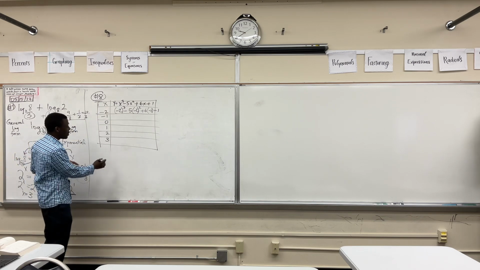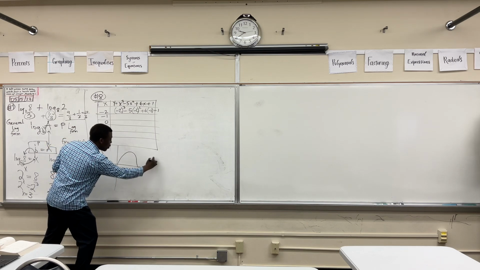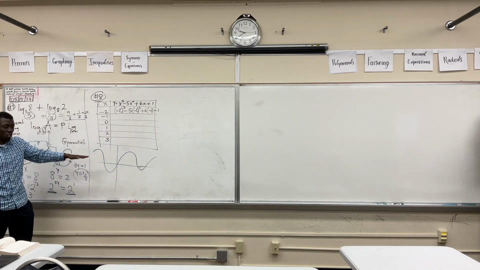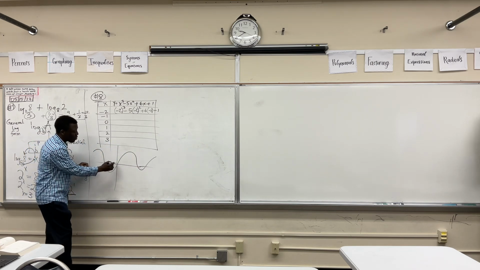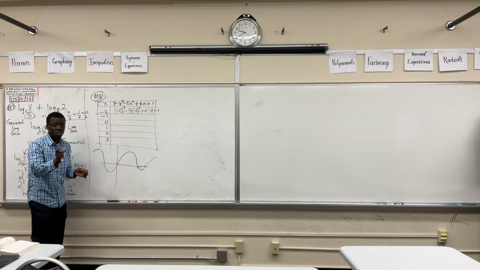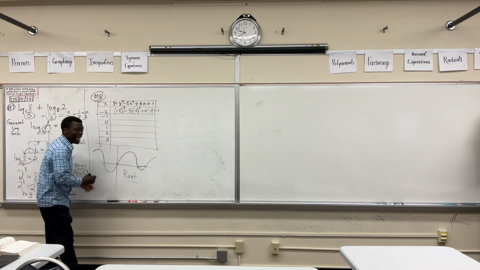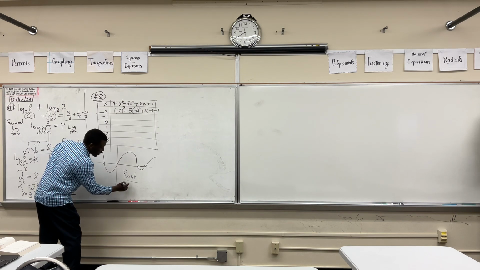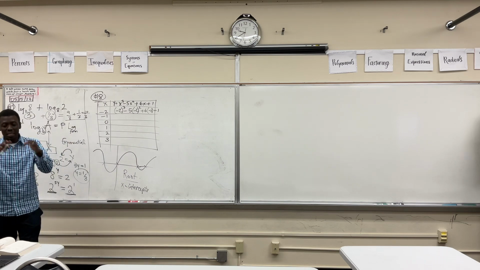When you build a roller coaster, or if you have a function that moves all over the place, it's going to look like something like that, where it's crossing the x-axis at specific locations. Each of these spots where it crosses the x-axis is called a root of the function. So when you think of the root, think of the x-intercept of that function. In this question, they're asking at what point does it cross.